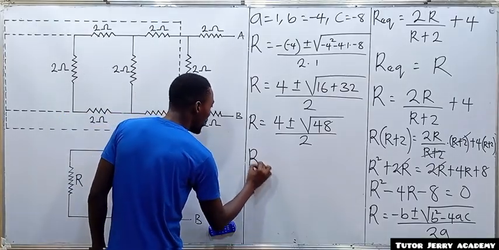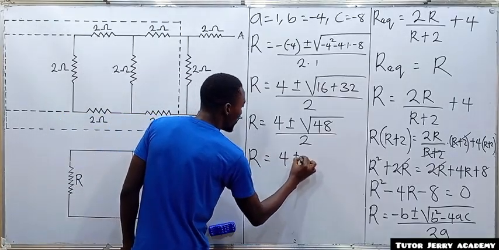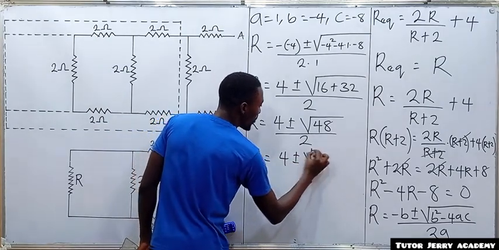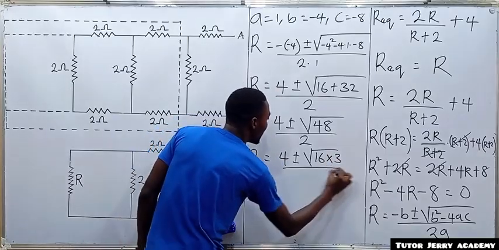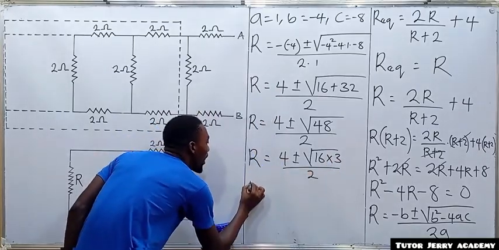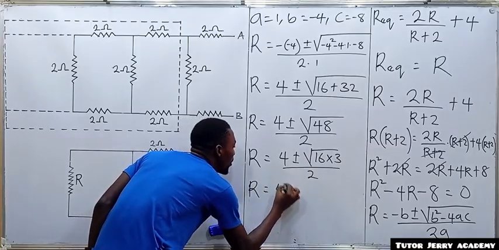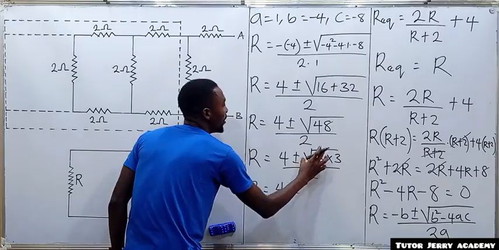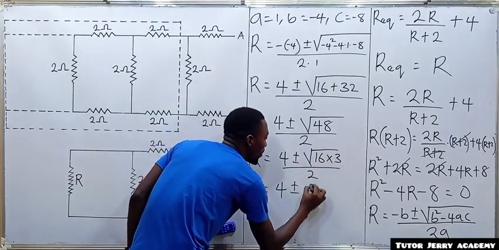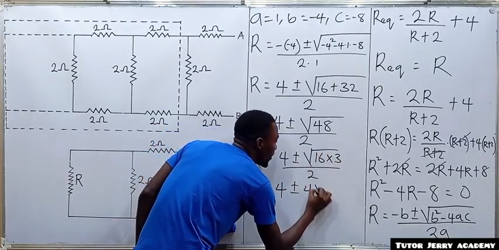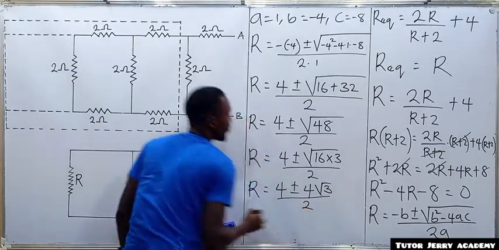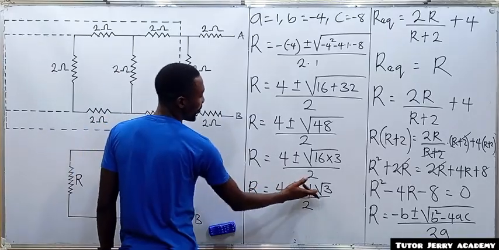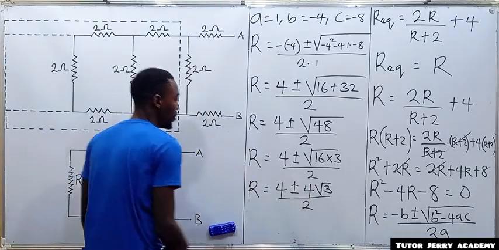So R will be equals to 4 plus or minus square root of 16 multiplied by 3 divided by 2. Alright, so R will be equals to 4 plus or minus the square root of 16 is 4, and the square root of 3 remain as the square root of 3 all over what? All over 2.